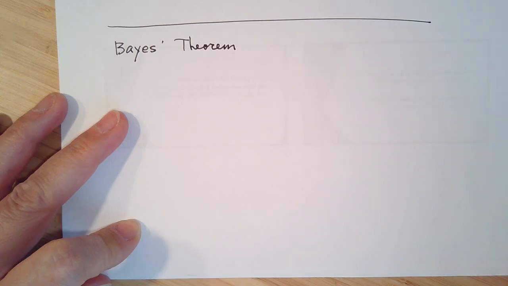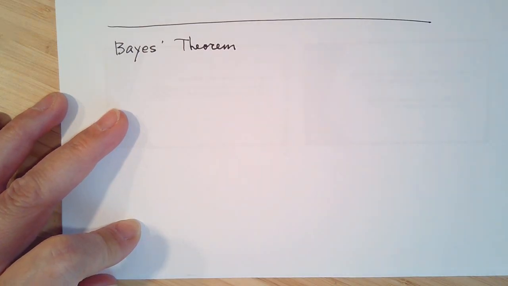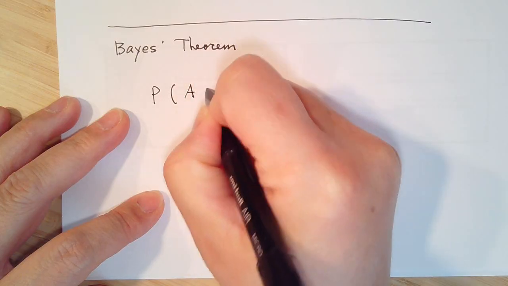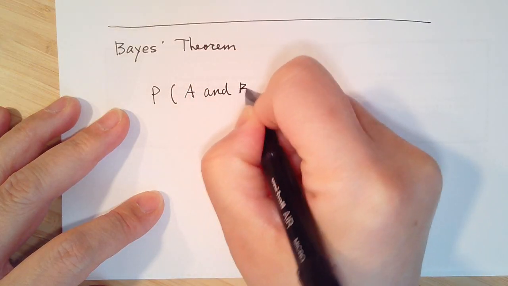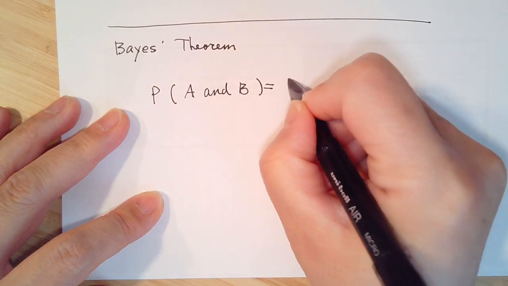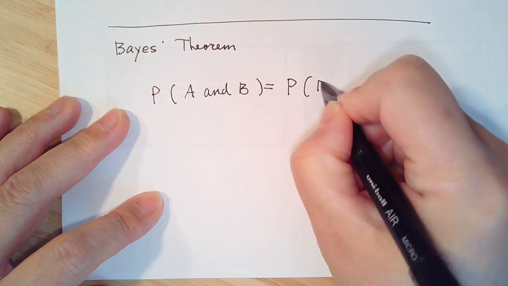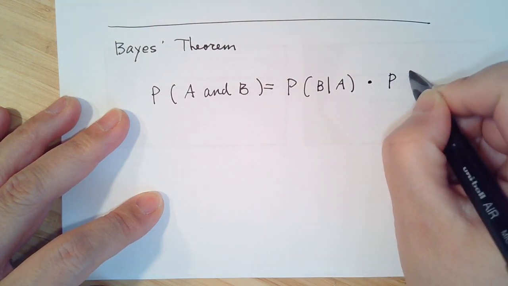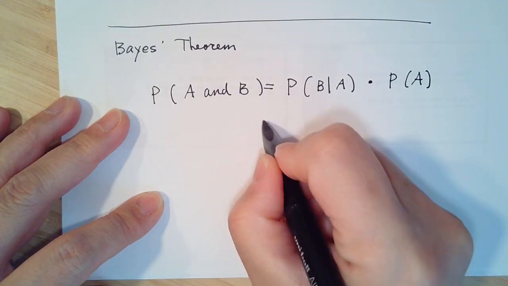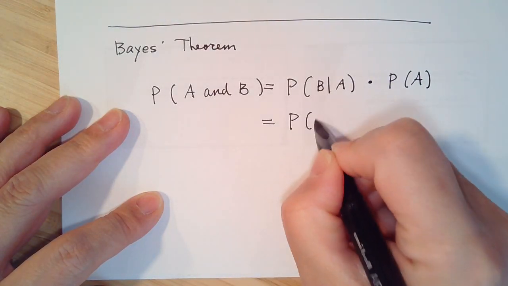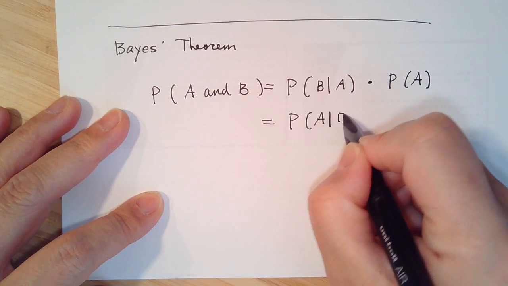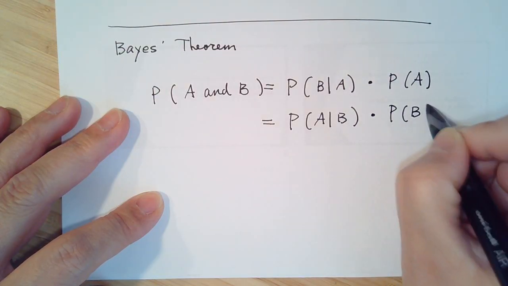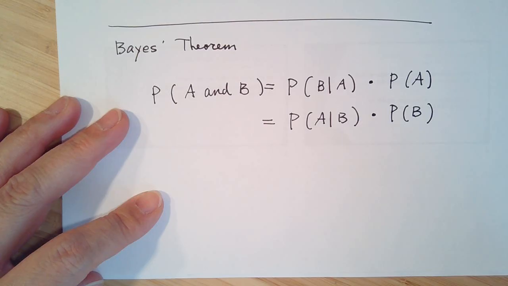The way I like is this: P(A and B) is P(B given A) multiplied by P(A), or P(A given B) multiplied by P(B). You see that here A and B are interchangeable.